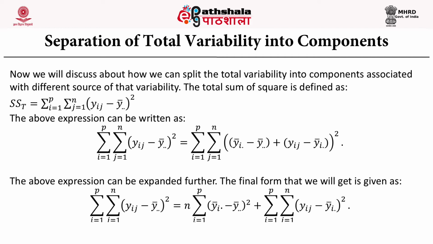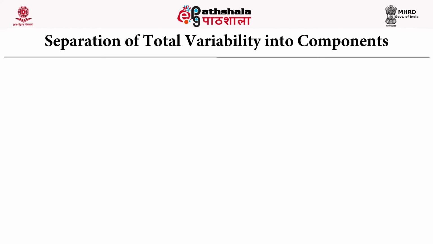The final form that we will get is given here as the double summation of yij minus y double dot bar whole square, which equals n times the summation of yi dot bar minus y double dot bar whole square plus the double summation of yij minus yi dot bar whole square.